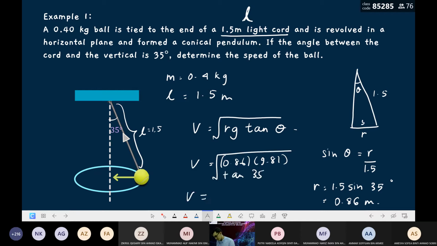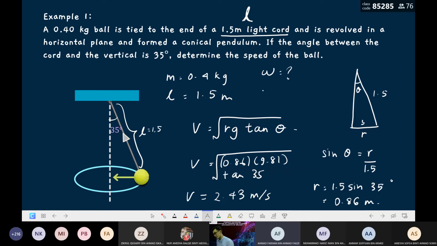So the velocity, the tangential velocity, is 2.43, and the unit is meter per second. Alright, if the question continues, what is its angular velocity? How do we calculate the angular velocity? Divide by radius.